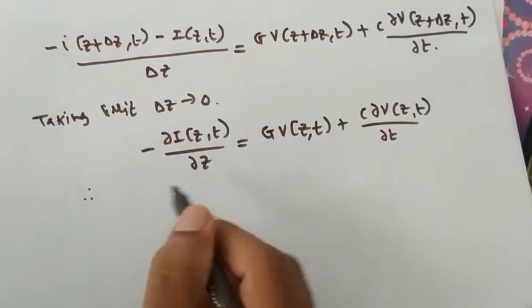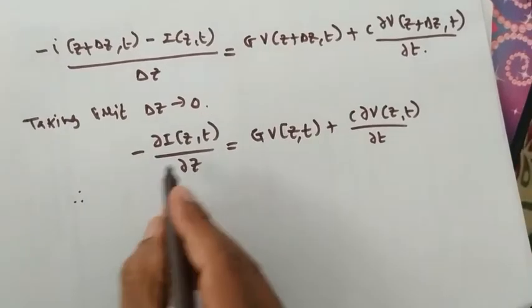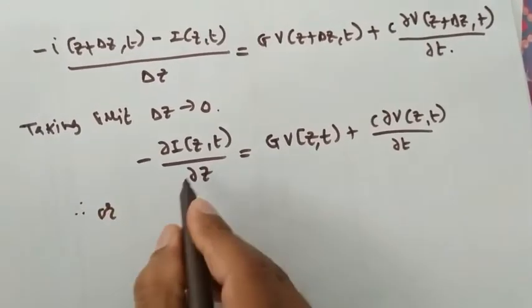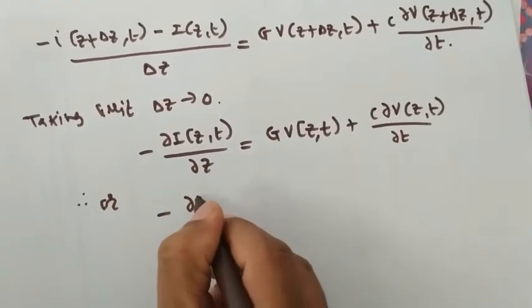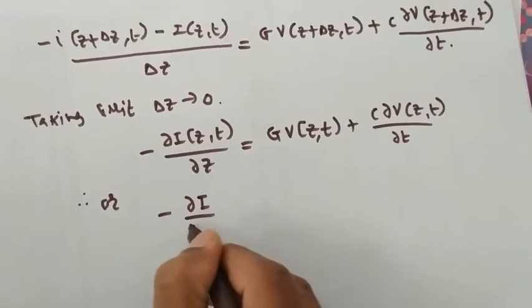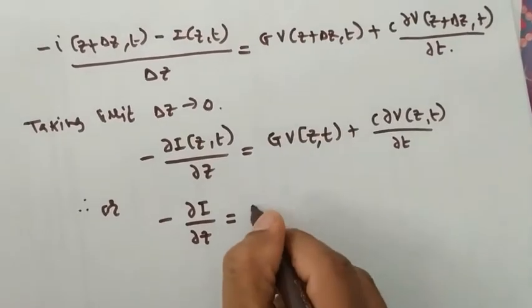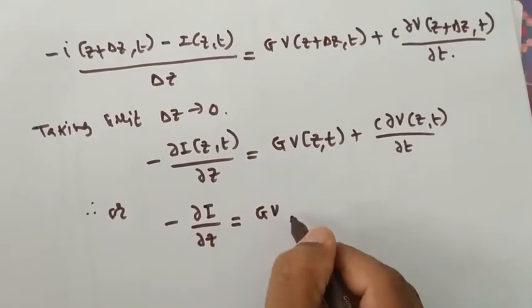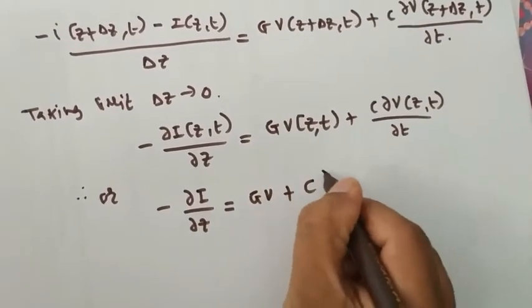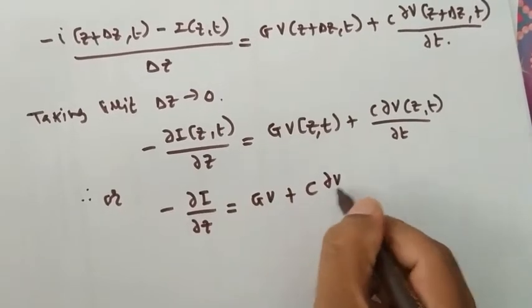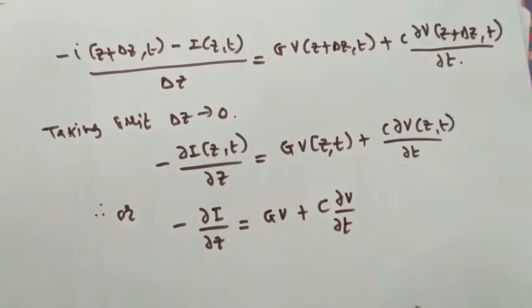Or I can write the same thing as minus del I over del Z is equal to G V plus C del V by del t.